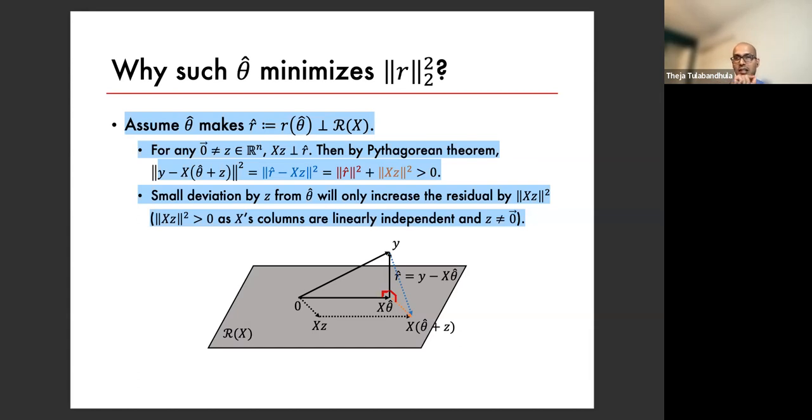Because you'll be iterating, and at some point you'll stop when the new theta is not too different from the old theta. If they differ by a small tolerance, you may still stop, and so it may not exactly be the same as the theta hat here. In theory they should be the same, but in practice with gradient descent there may be a slight difference, up to some numerical accuracy.